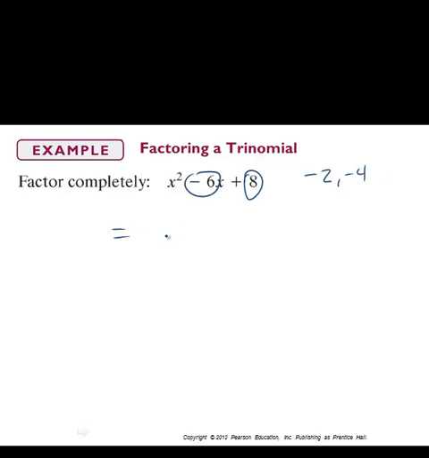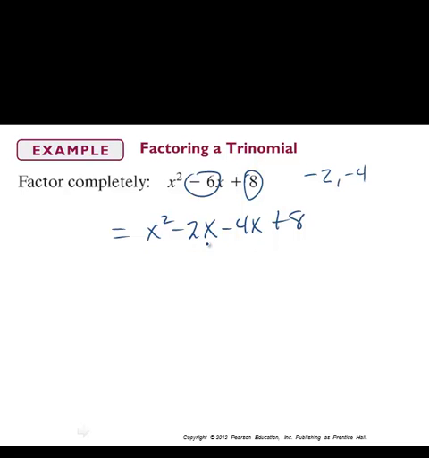So we can rewrite this trinomial as now a quadrinomial, and it doesn't matter whether you put down minus 2x first or minus 4x first. I'm going to write minus 2x and then minus 4x and then plus 8. So look, the only thing that I changed from the step up here is that I rewrote minus 6x as minus 2x minus 4x. That's all I changed.